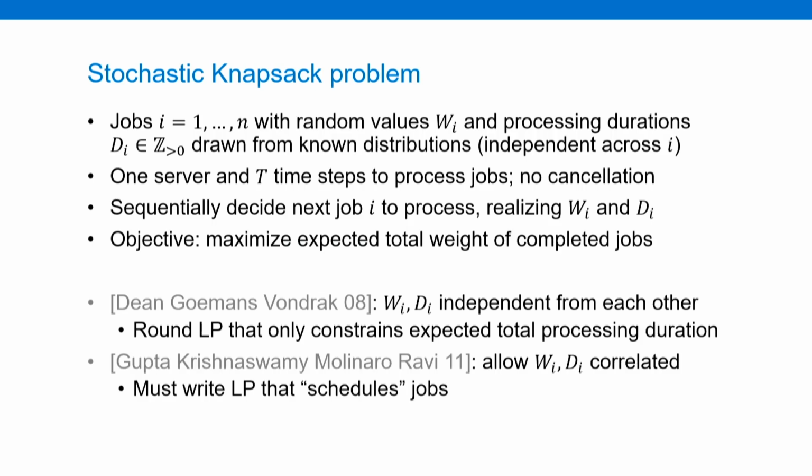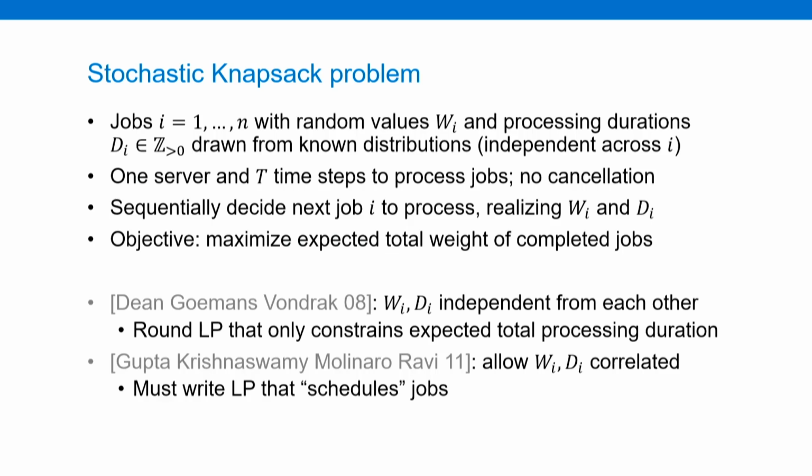So in 2011, there was a nice paper that studied wi and di being potentially correlated. And a key discovery here was that once the wi and di can be correlated, you can't use the simple LP anymore. You need to write a tighter LP, a more complicated LP that, quote, schedules jobs. Essentially, the intuition is you could have jobs that only return a high value when the duration is also very long and you manage to complete it.